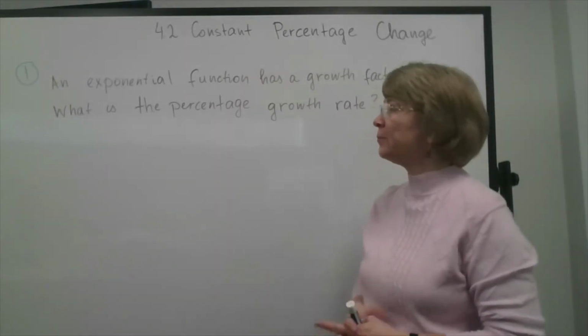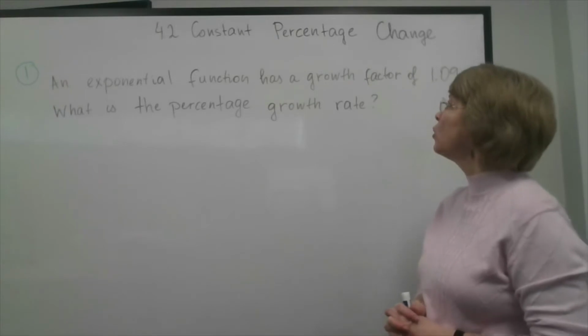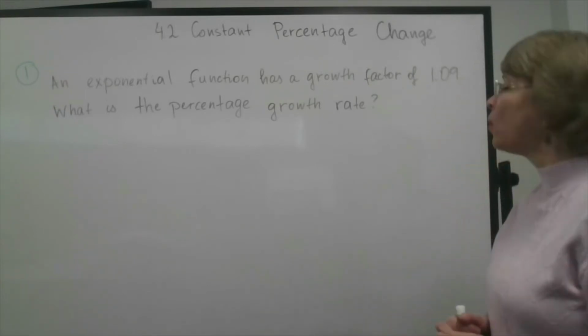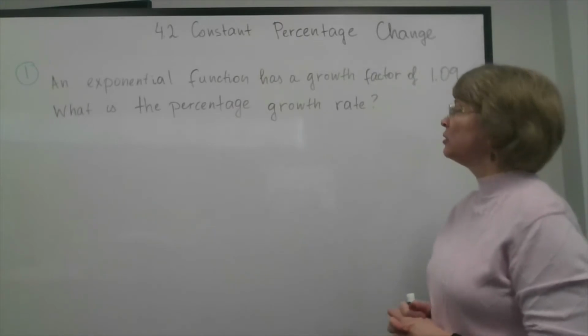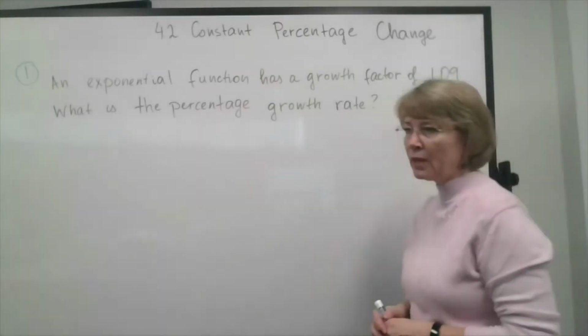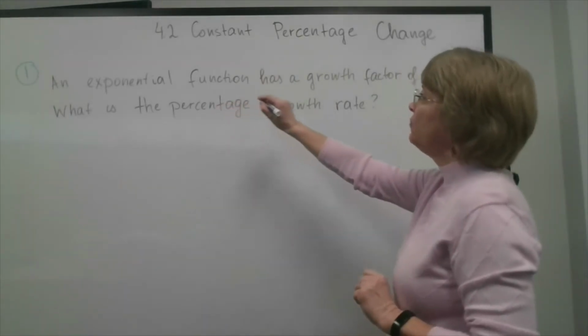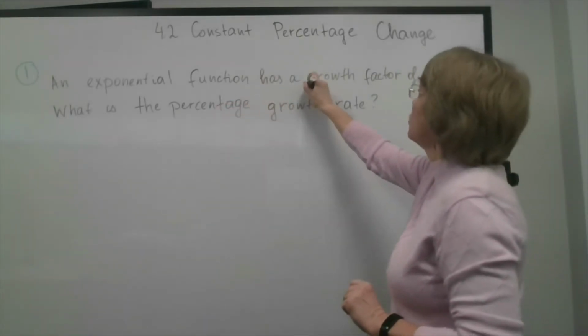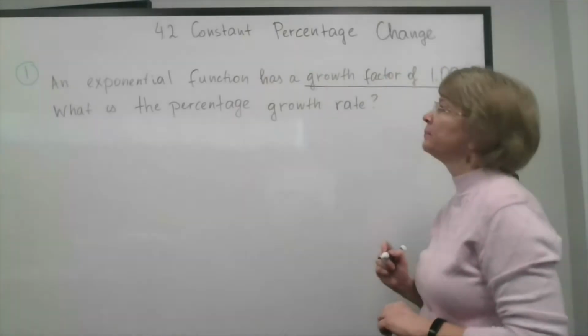Here is the first example. An exponential function has a growth factor of 1.09. What is the percentage growth rate? Let's read. An exponential function has a growth factor of 1.09.